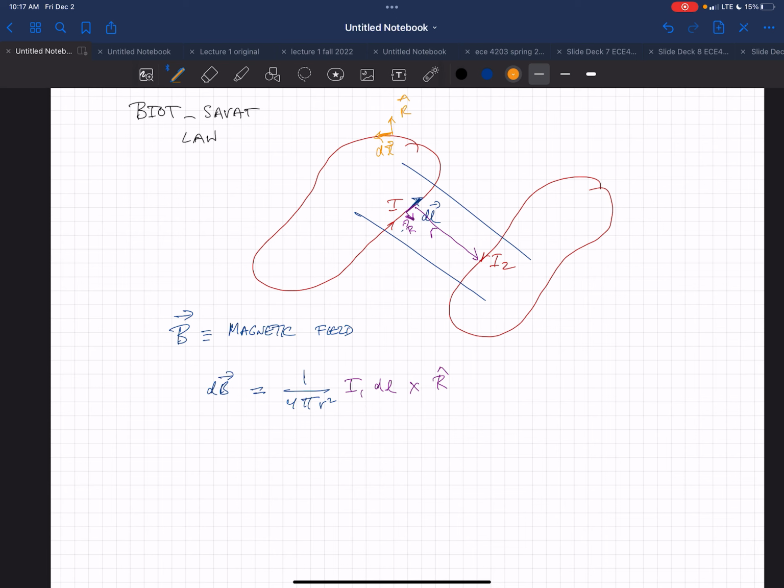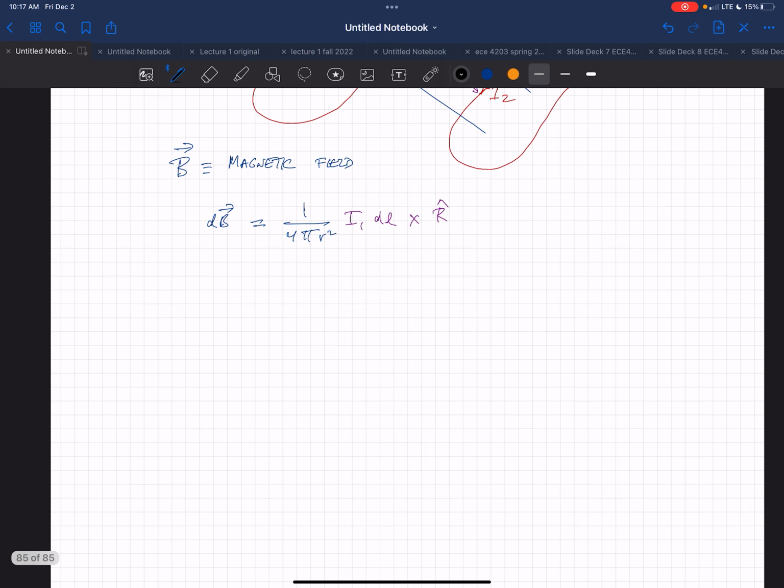It's called the Biot-Savart law. Okay. Now, this led to Ampere's law.